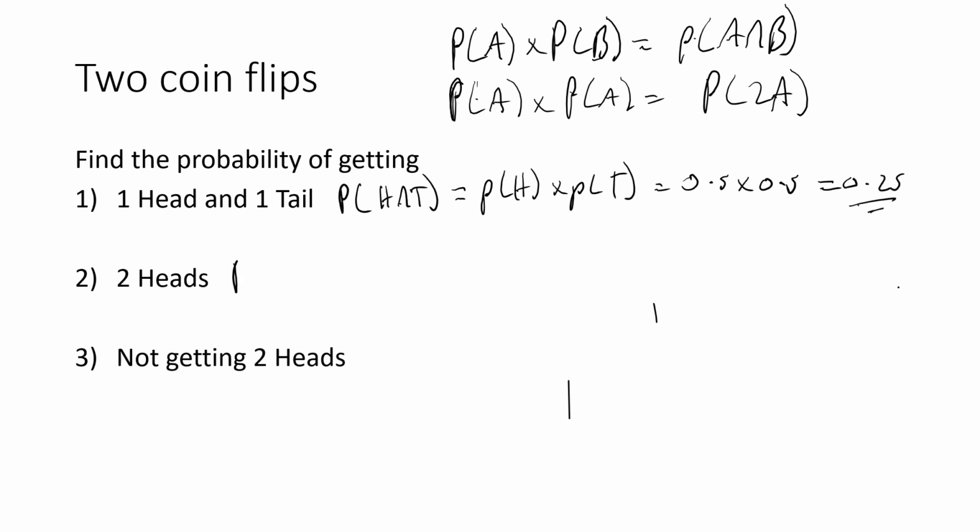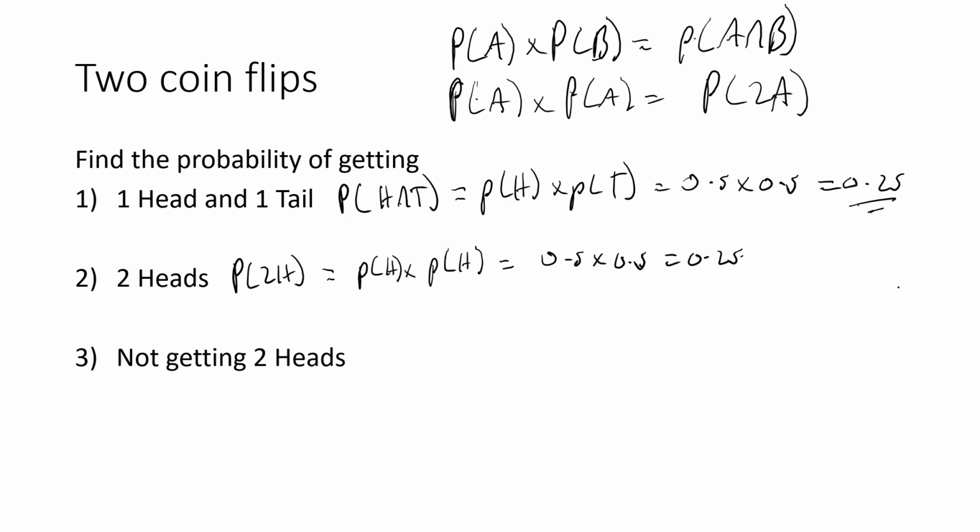Now here you want the probability of two heads, and that is equal to probability of heads times probability of heads again, which is 0.5 times 0.5, which is 0.25.